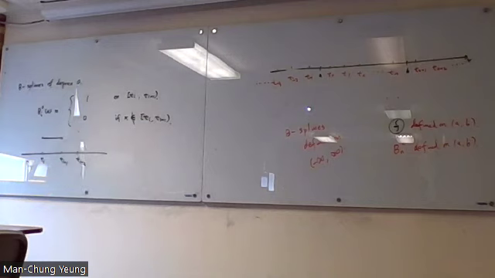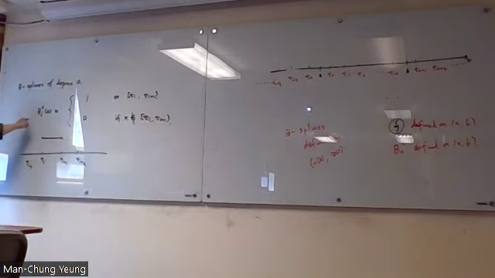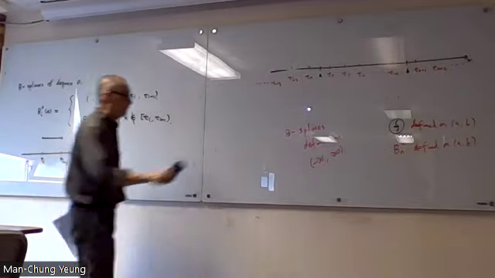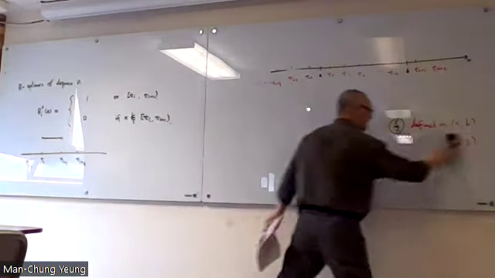That means I need some properties about this function, which are easy to see.